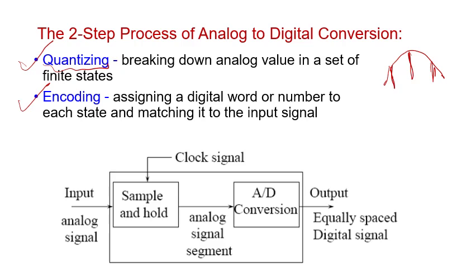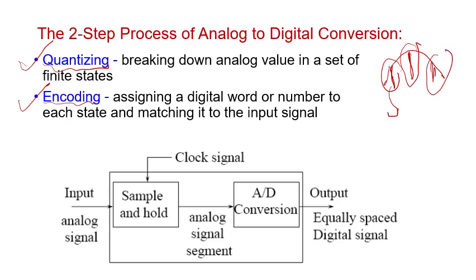We will see this after a while. Encoding is assigning a digital word. Each state will be assigned a certain digital word, which means a 3-bit value, or 4-bit value, or 8-bit value, whatever. This one will be assigned a certain value, and this one will be assigned another certain value.